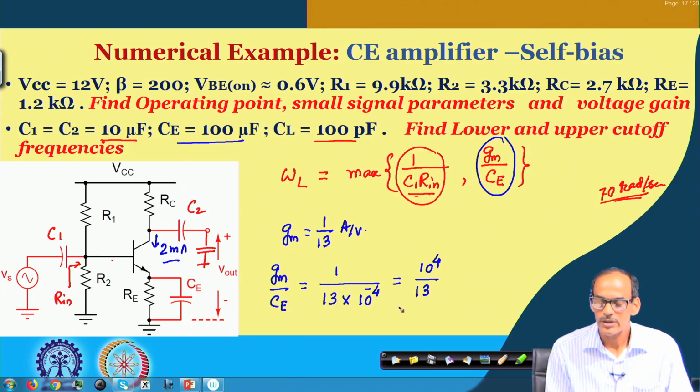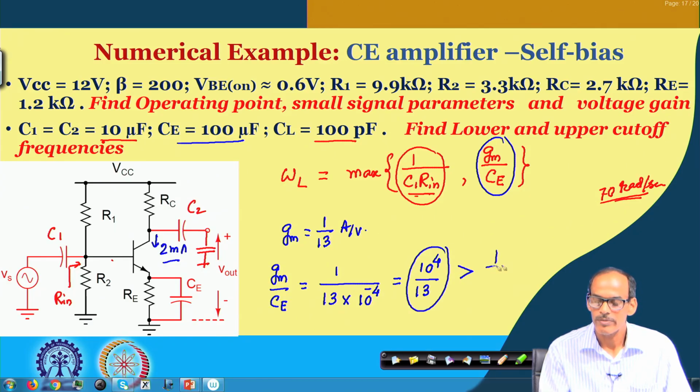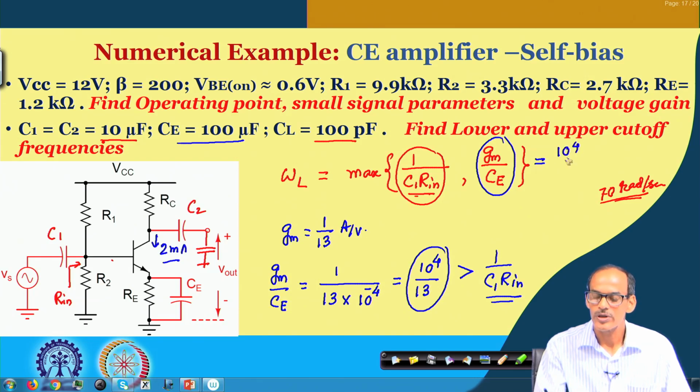So, what we can see here is that this is definitely higher than 1 by C1 into R in. As a result, in this case, practically this becomes 10 power 4 divided by 13, and its value will be somewhere close to 1 K, maybe around 800 radian per second.